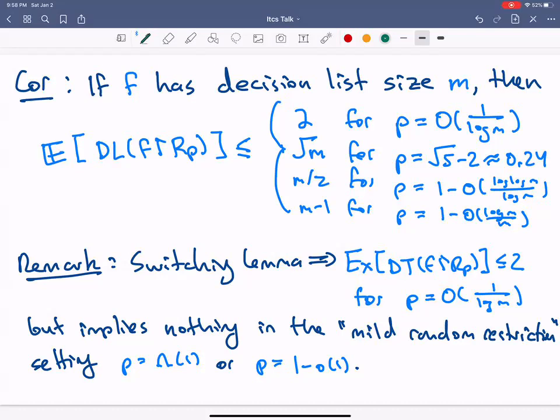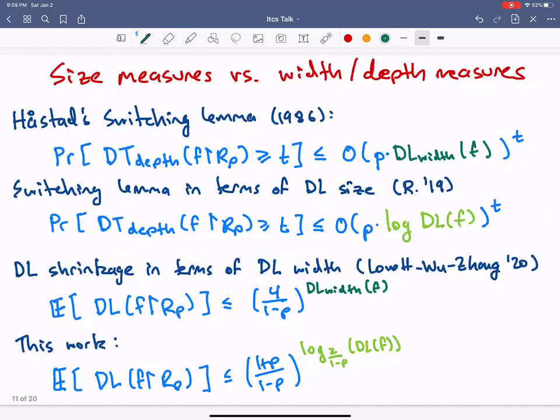This is known as the so-called mild random restriction regime, and it's important in applications to de-randomization and Boolean analysis. So we expect our result might have some applications, in particular for large values of P.